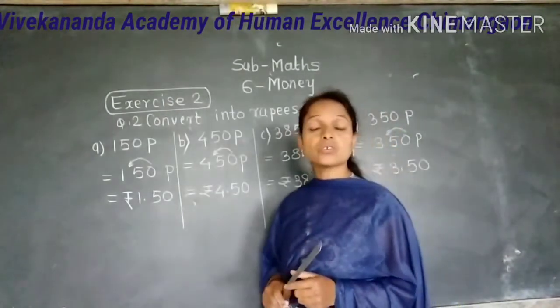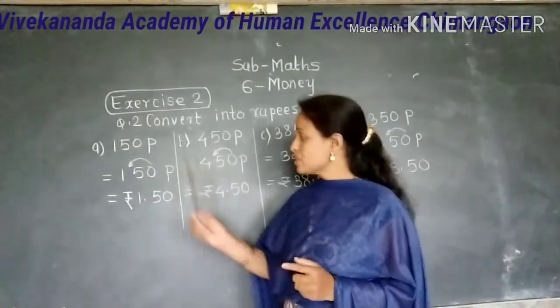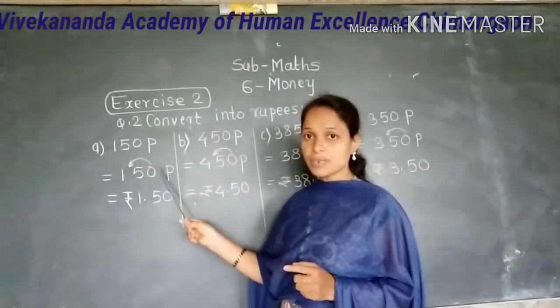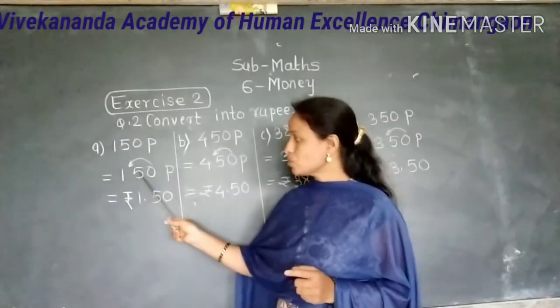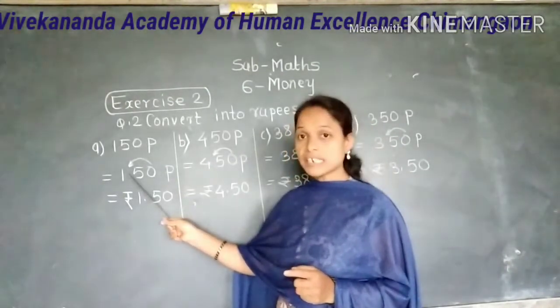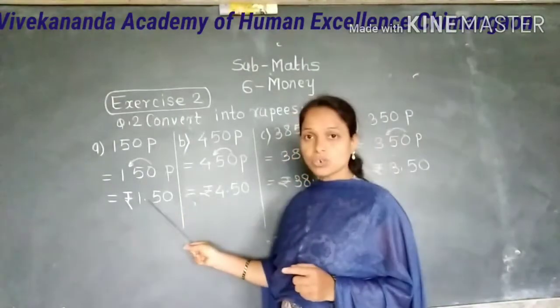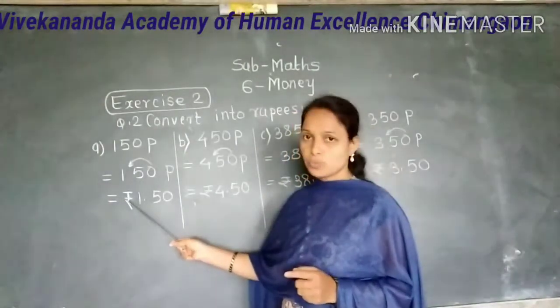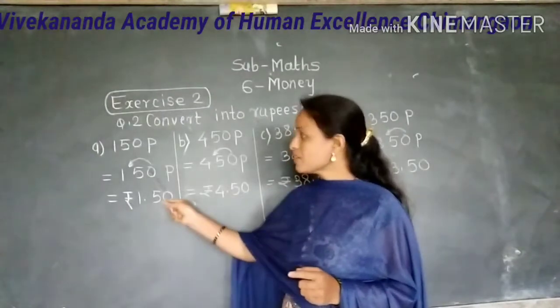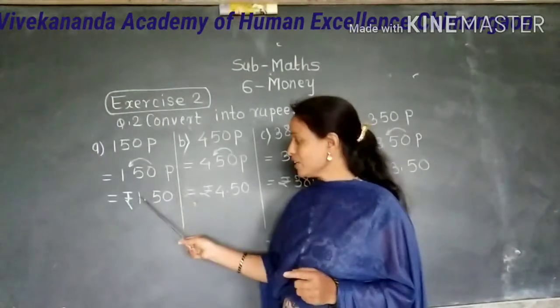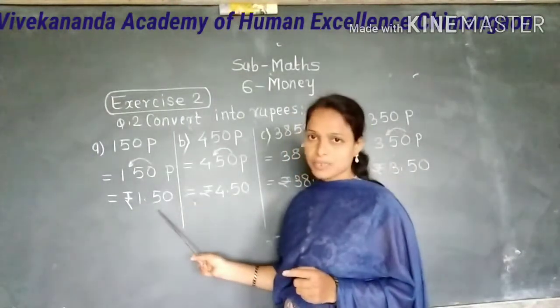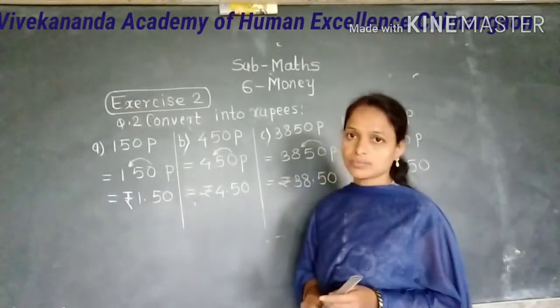Put the dot two digits from the right. So from the right two places are 1, 2. So here we put the dot and write the rupees sign. In this way, we convert 150 paise into 1 rupee 50 paise by putting the dot.